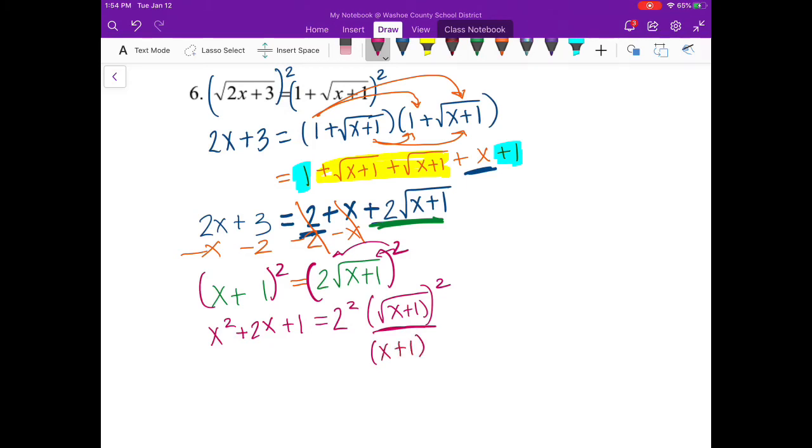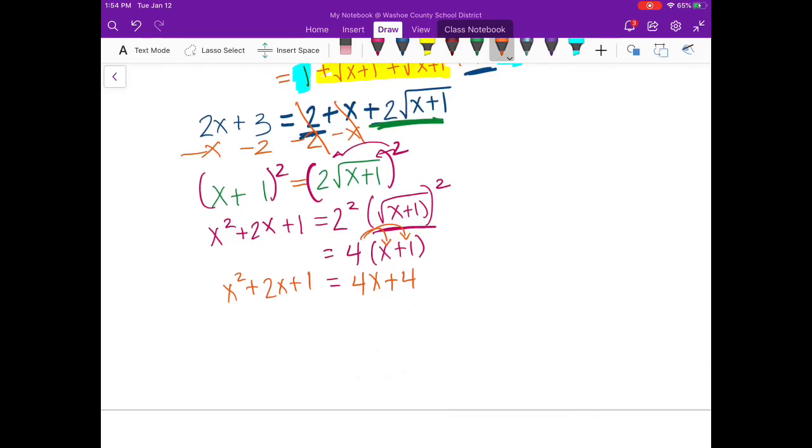It makes the radical go away, which means I just have an x plus 1 there. And the 2 squared is still in the front, but that can just become a 4. It's important to keep the parentheses because this step means I have to distribute the 4. So this is 4x plus 4 here. And then I'm just going to bring down what's still on the left so I can continue solving.